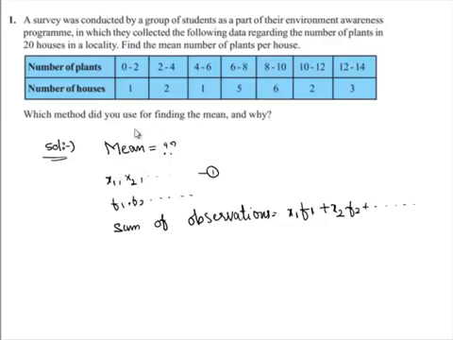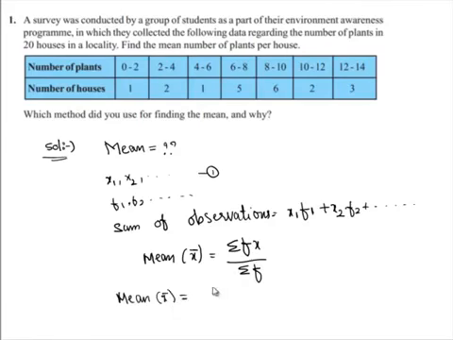Hence, as per the definition of mean, it is indicated as x bar, and the formula is sigma fx by sigma f, where in general we write mean x bar as the sum of x1 f1 plus x2 f2 and so on by f1 plus f2 plus f3 and so on.